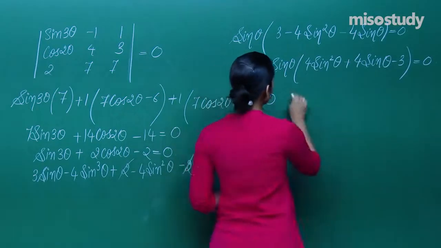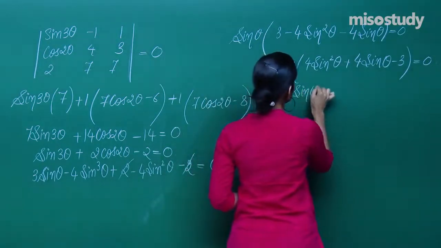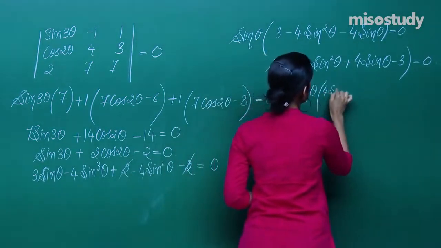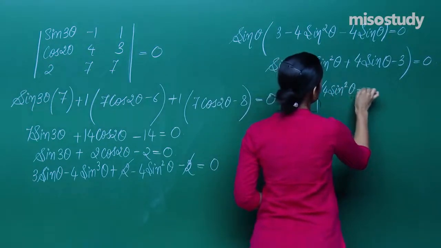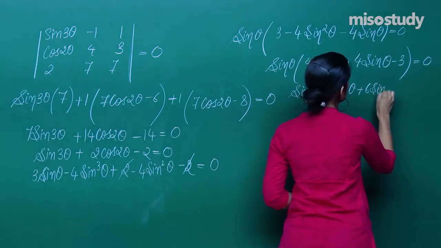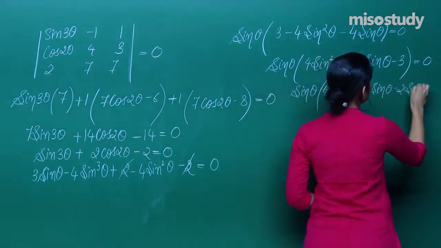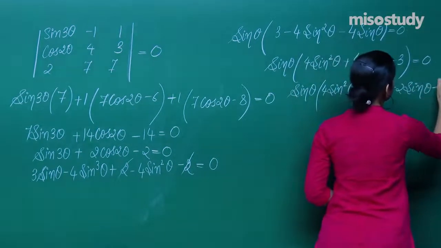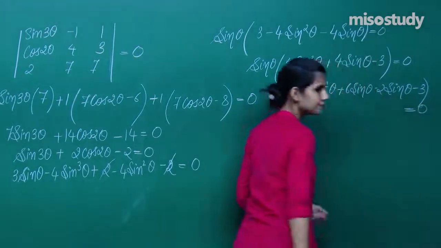Break the middle term, you get sine theta. Inside you have 4 sine square theta plus 6 sine theta minus 2 sine theta minus 3 is 0.